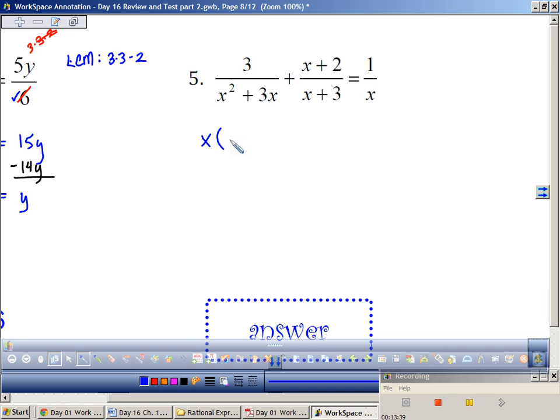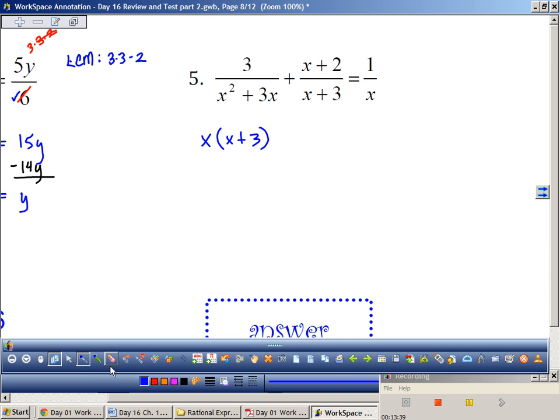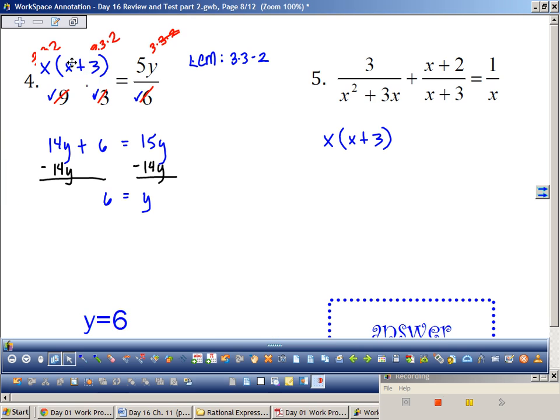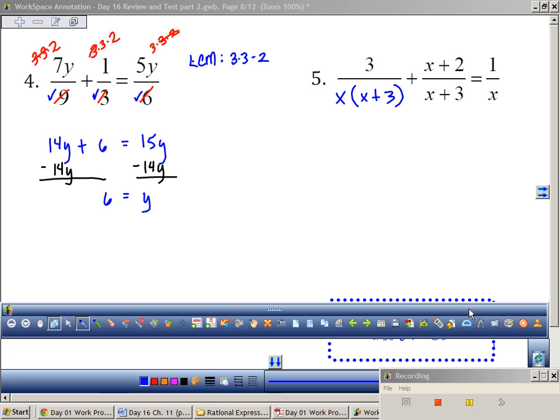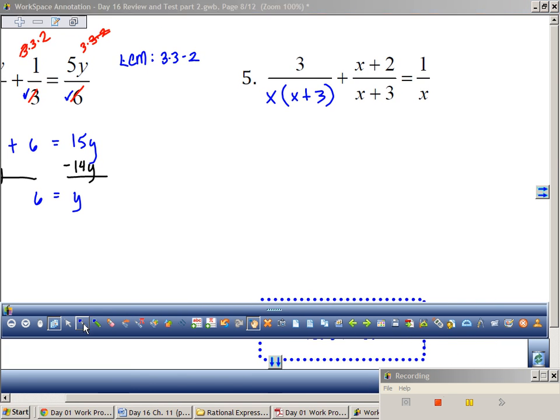So if I factor out an x, what's left over? X plus 3. So why don't we just, right from the very get-go, substitute it right away. How's that? Better? Now can you find an LCM? See what I did there?